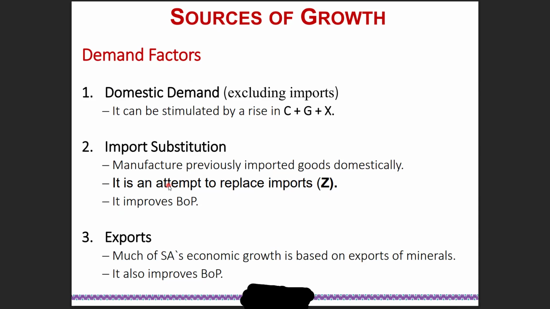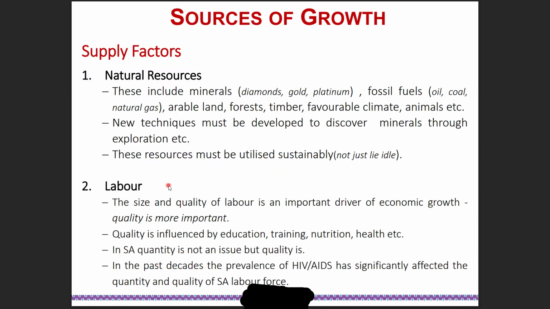Aggregate production, which is total production in the country, right? And then we also have exports, where we say, let us focus more on producing those goods which are being exported to other countries, in order to do what? To increase the production.